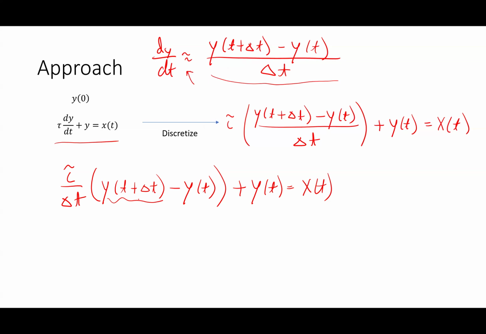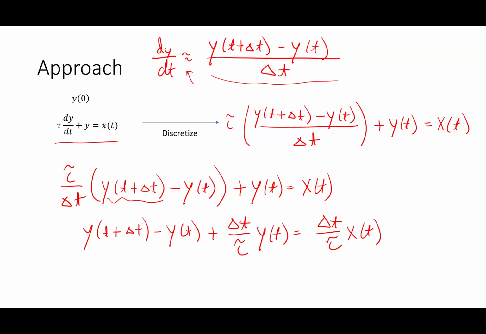Well, delta t over tau, right? Multiply both sides by delta t over tau. I'm going to get y of t plus delta t minus y of t plus delta t over tau, y of t equals delta t over tau times x of t. All right.